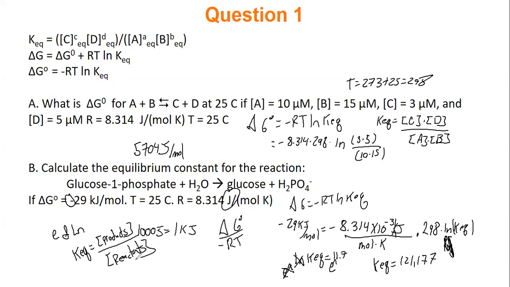Therefore, if delta G is negative, KEQ should be greater than 1 because you have more products than reactants. Here, our KEQ number is greater than 1. So we can have a little confidence in our answer. It's still possible we did the math wrong, but at least KEQ is greater than 1. So that's a good sign.